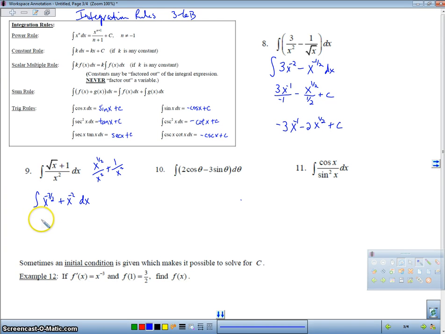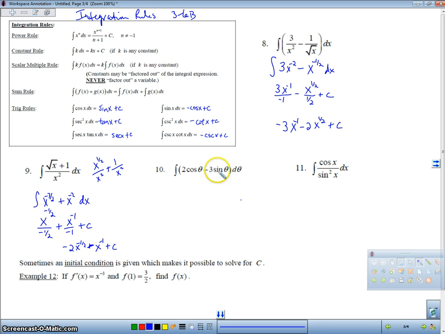Use the power rule here, so I get x to the -1/2 divided by -1/2 plus x to the -1 divided by -1 plus c, which is going to give me -2 x to the -1/2 minus x to the -1 plus c.